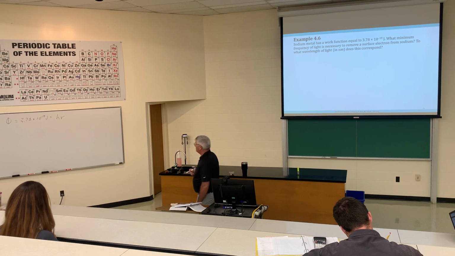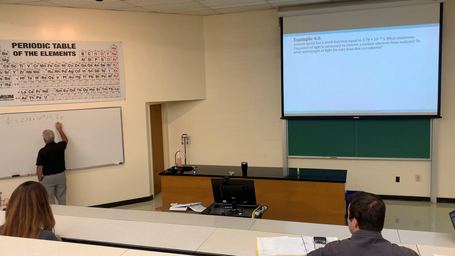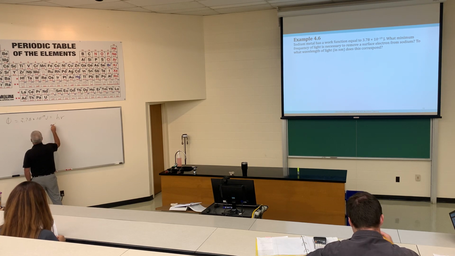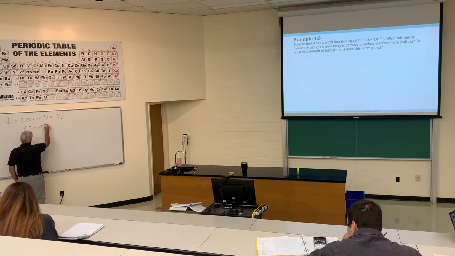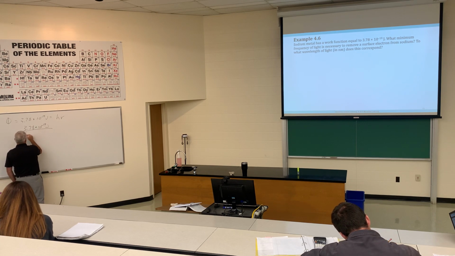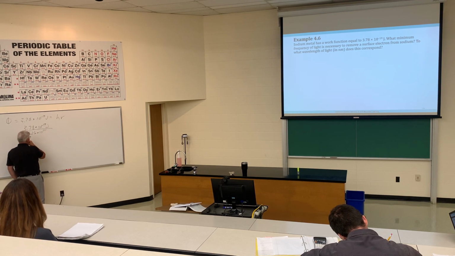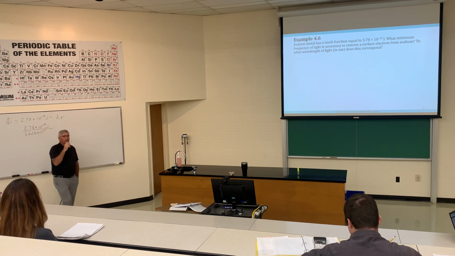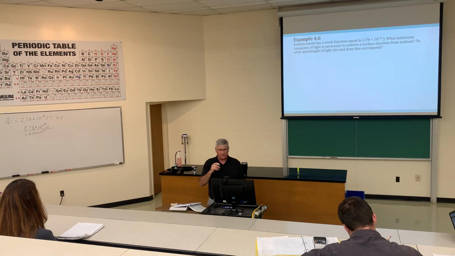Do you guys remember? Planck's constant. So if I take this equation and start rearranging it, 3.78 times 10 to the minus 19 joules divided by Planck's constant, which is 6.626 times 10 to the negative 34th power. Help me with units: we're getting to Planck, so it would be 1 over seconds. Joules times seconds, right?